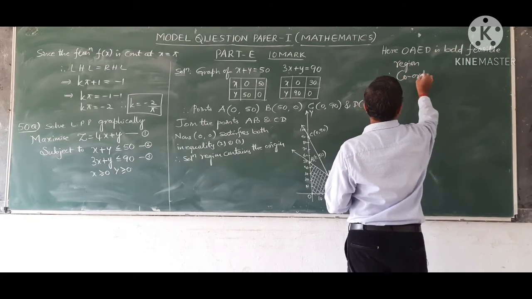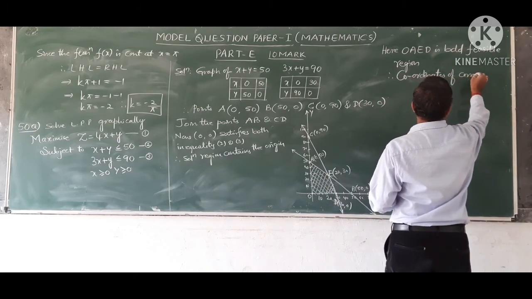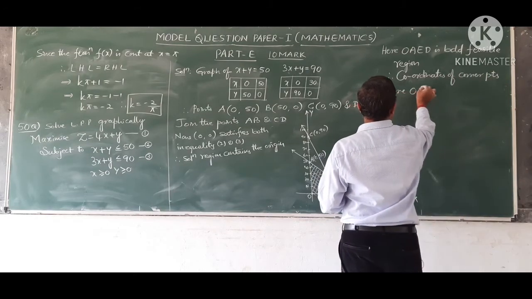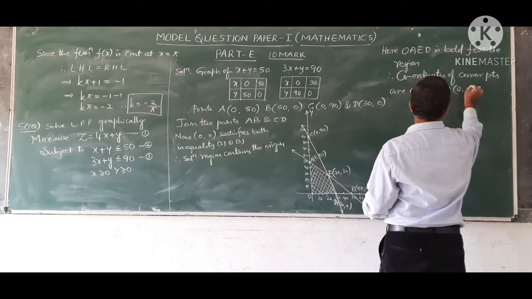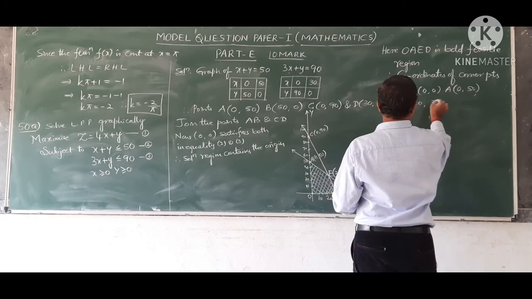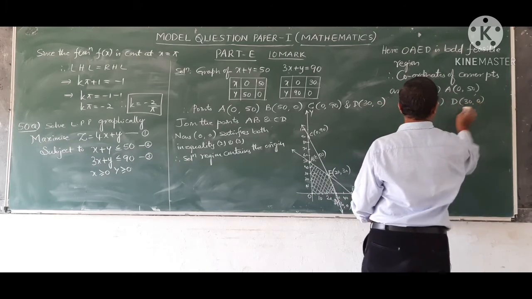Therefore the coordinates of the corner points are: the origin; A is the point 0, 50; E is the point 20, 30; D is the point 30, 0.